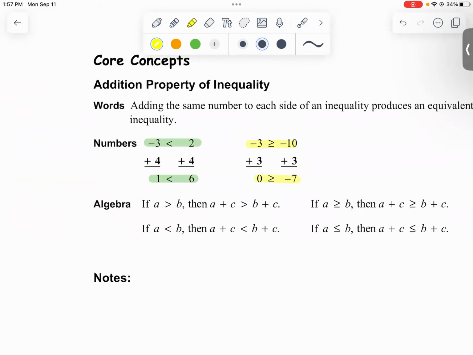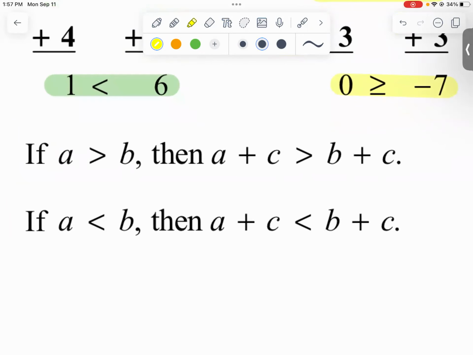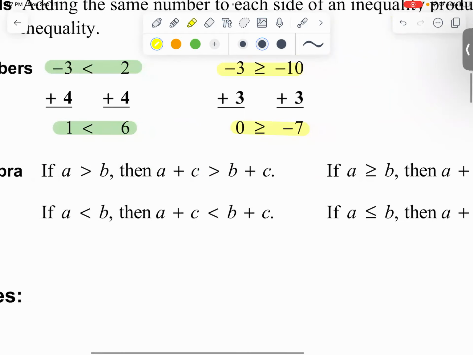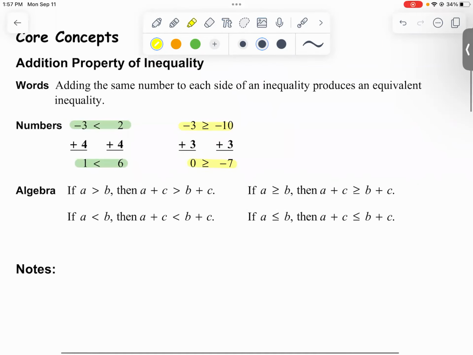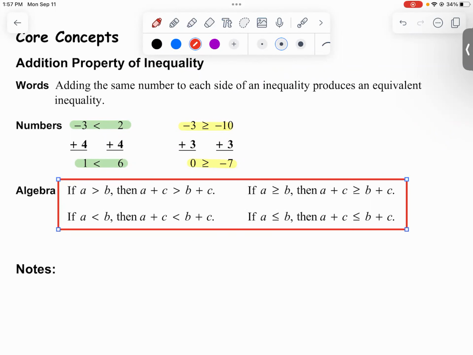So it is acceptable: if we have an inequality, we can add the same number to both sides of the inequality and our inequality remains true. That's basically what all of these say right here. We can add the same number to both sides of our inequality and we're still good. How does that help us?